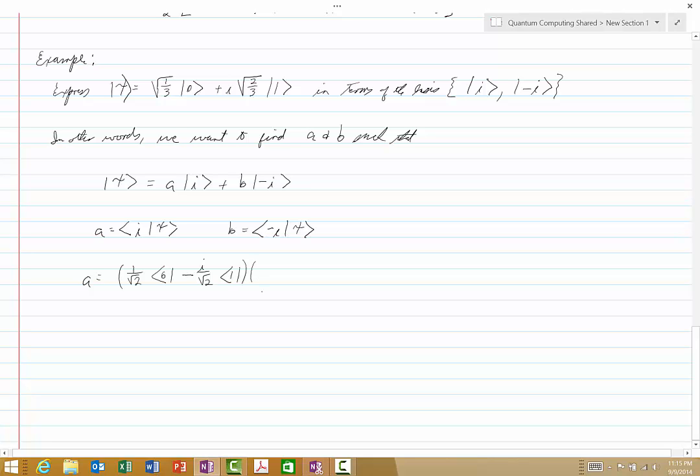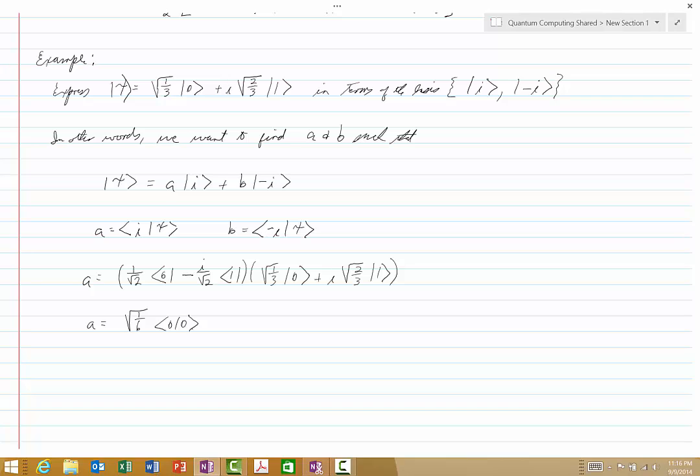And that's pre-multiplying C, which is square root of 1/3 0 plus i times the square root of 2/3 1. And therefore, A is equal to square root of 1/6 0 0, and then really the 0 1 and 1 0 terms we can drop out.